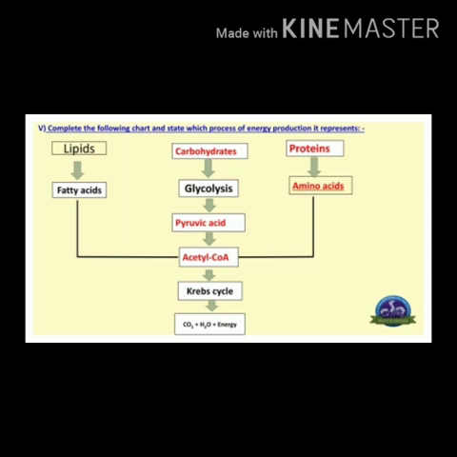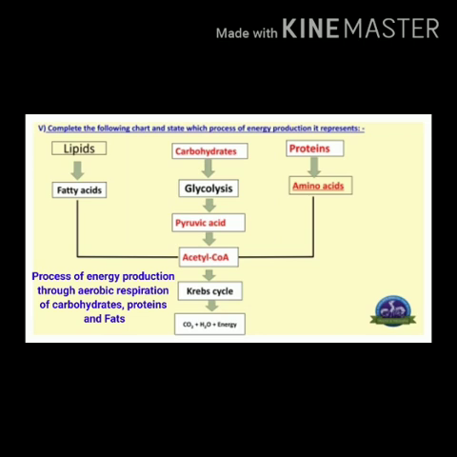These amino acids converted into acetyl coenzyme A due to Krebs cycle produced energy. Similarly, lipids from our body is used to produce energy. This process represents the process of energy production through aerobic respiration of carbohydrates, proteins and fats.